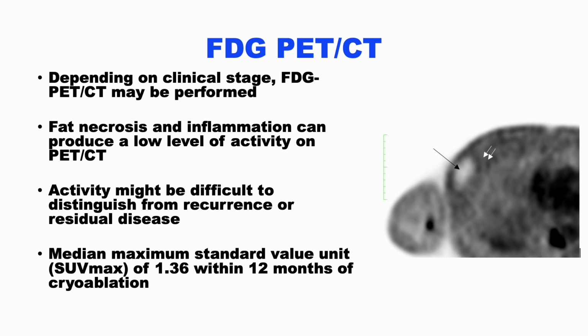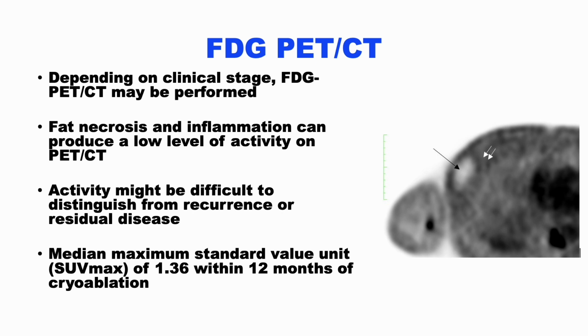She underwent cryoablation of a 3 centimeter ER positive, PR positive, HER2 negative invasive breast cancer in the upper outer breast. The white area shown here on the image demonstrates significantly reduced FDG PET activity at the cryoablation site, which suggests that there's no living cells in that location, especially given how it contrasts with the surrounding breast tissue, where the background shows some level of activity.